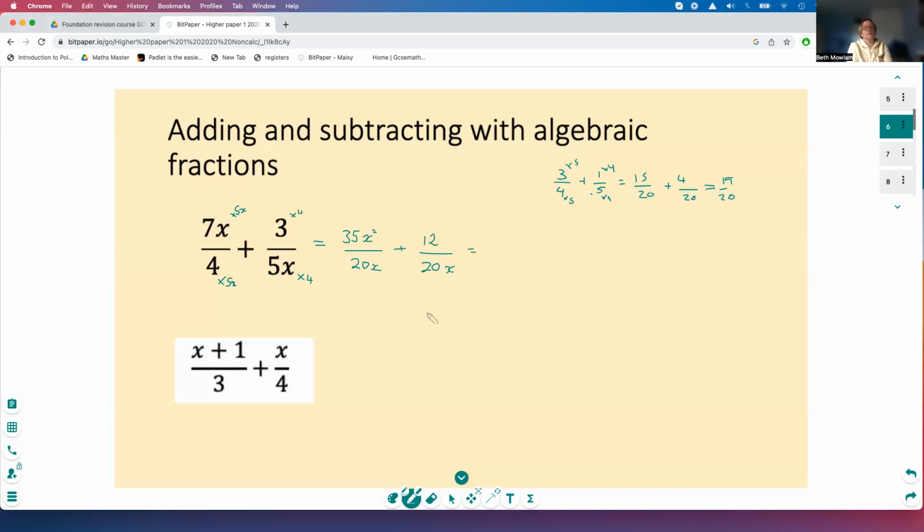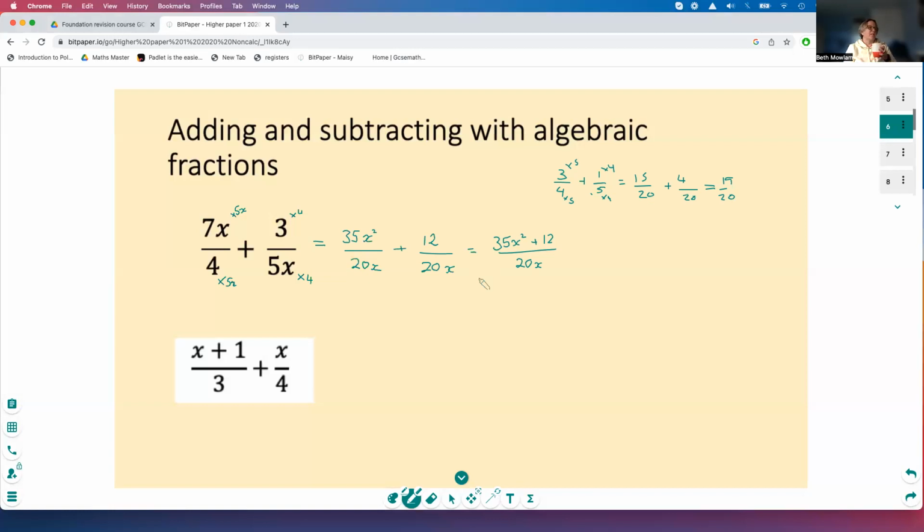I then can add my fractions because my denominator is the same. Remember, the denominator stays as it is. So 35x squared plus 12. I look and see, can I simplify that? Can I pull a factor out of that top row? Is there a number that goes into 35 and 12?